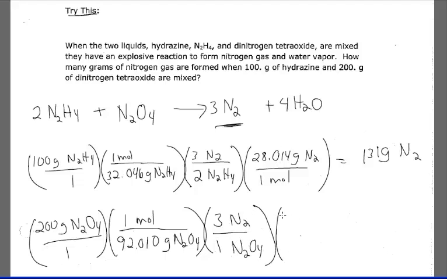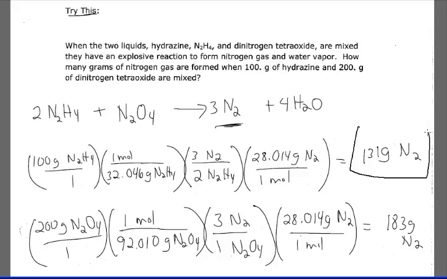And finally convert that to grams of nitrogen. Do the math and you get 183 grams of nitrogen from the dinitrogen tetroxide. So 131 is smaller, so that is the one you'll form, and that is the limiting reactant.